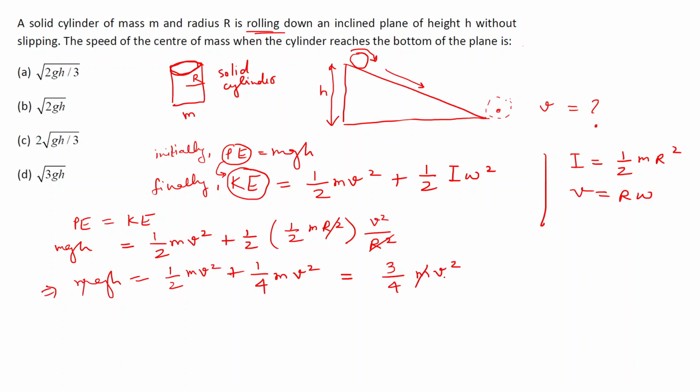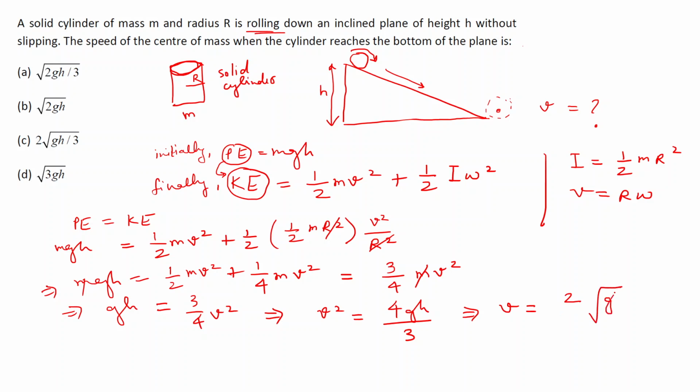We have to find v in terms of g and h. So gh will be 3 by 4 v square. Rearranging to get v square, we get 4 gh divided by 3. Taking the positive root, v will be 2 under root gh by 3. So this will be the final velocity.